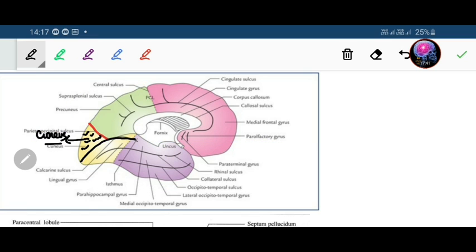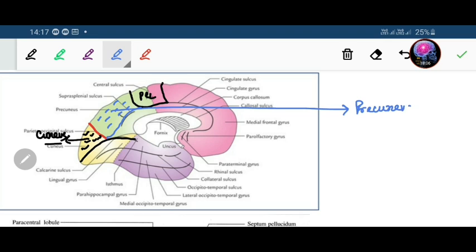The quadrangular area in front of the cuneus and behind the paracentral lobule, let's draw the paracentral lobule, is called precuneus. Precuneus is separated from the cingulate gyrus by a small sulcus.